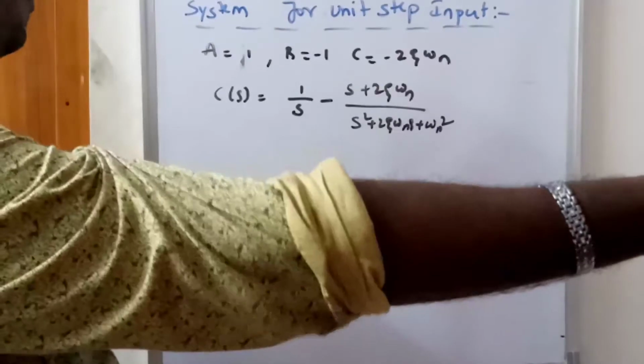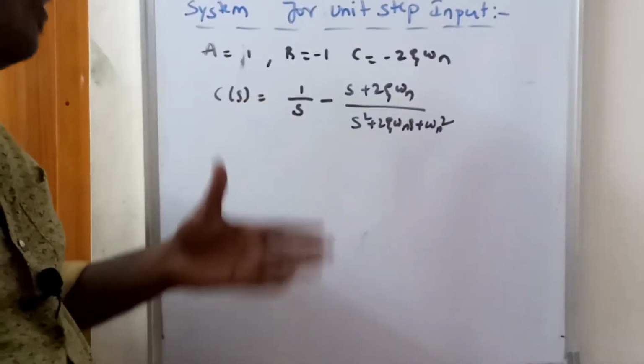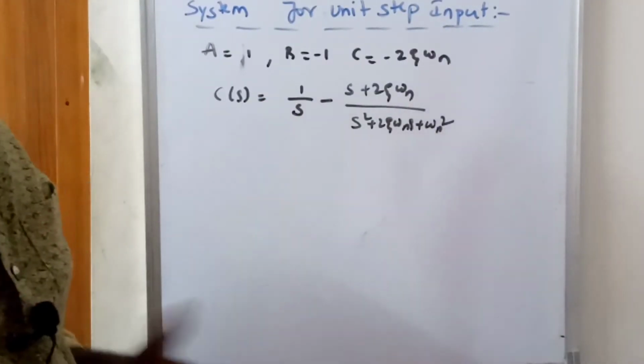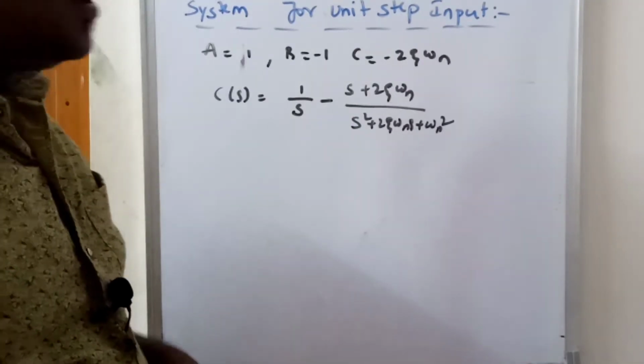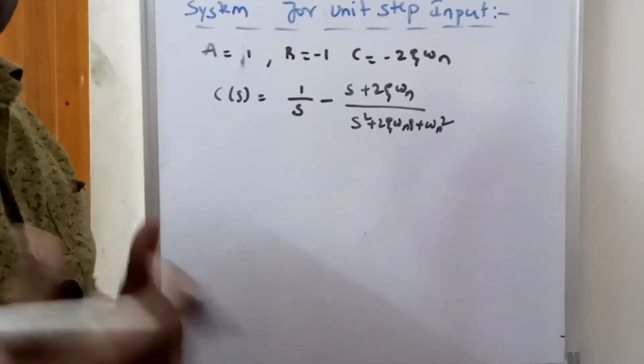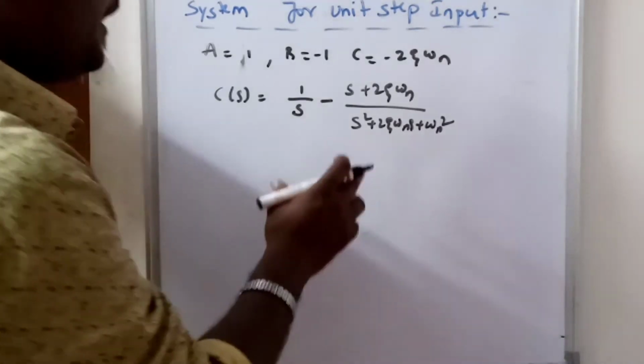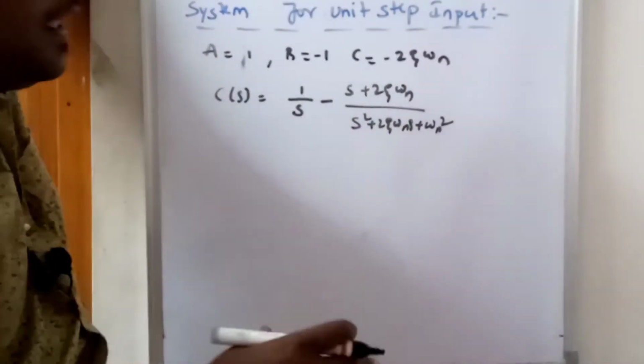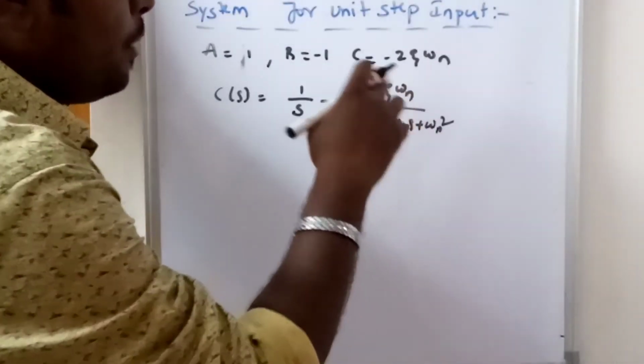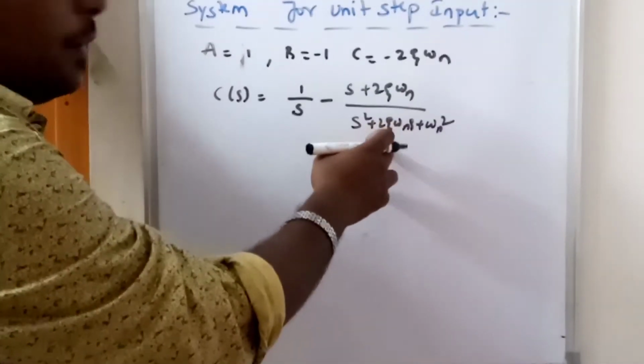Now we are going to apply inverse Laplace transform. Directly we can't apply inverse Laplace, so we are going to modify something. For the modification or expansion, we add and subtract the zeta square omega n square term to the second order denominator polynomial.